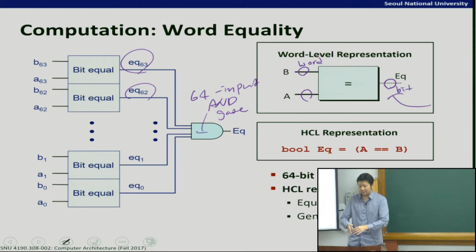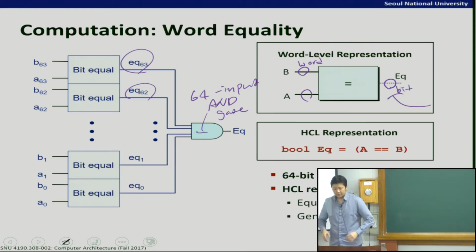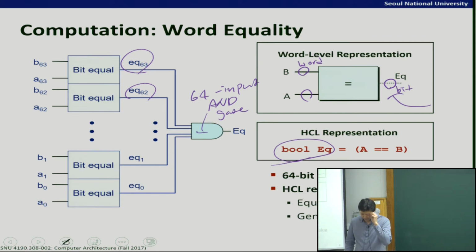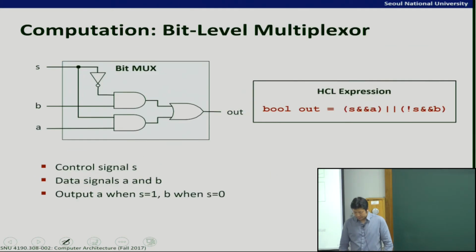If you see this representation, you know that it takes 2 words as input, and it generates a single bit output. And in HCL representation, again, the output type is Boolean. The 1-bit output is true if and only if both A and B are the same. That's word equality.